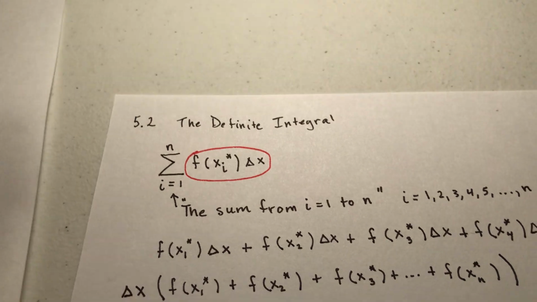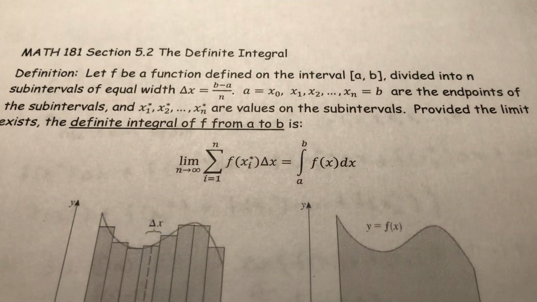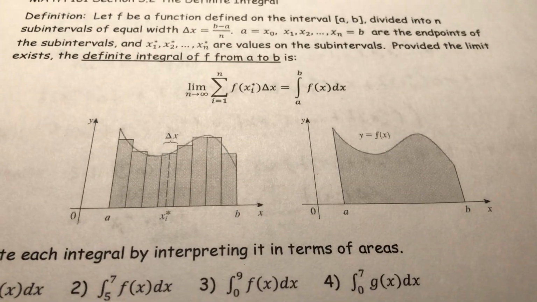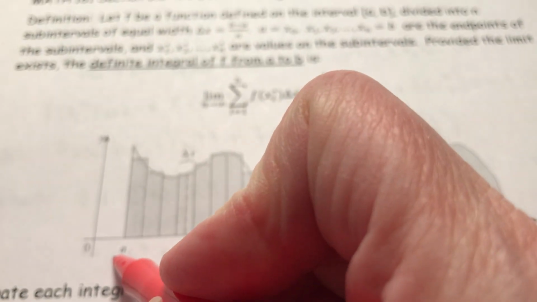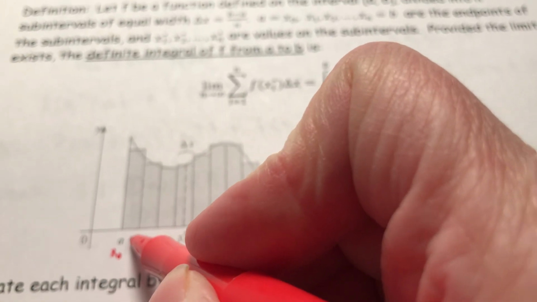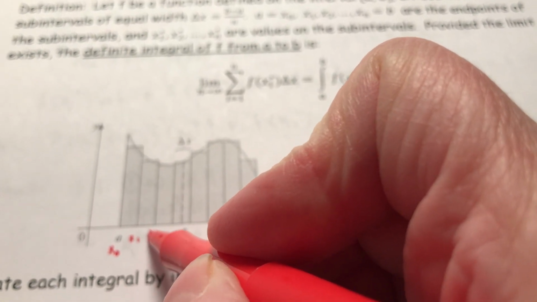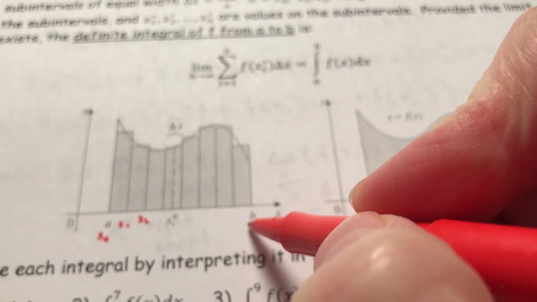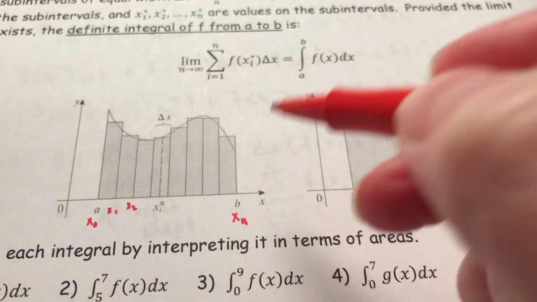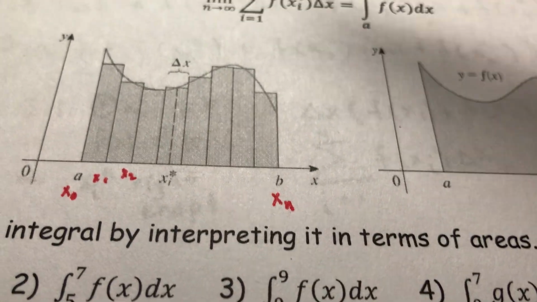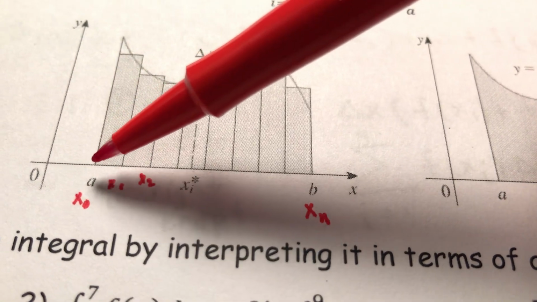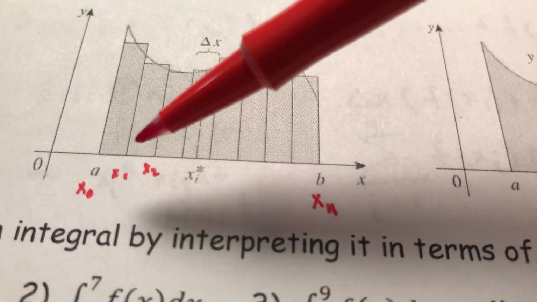Now, if I look at the picture here, what we're talking about is adding up these rectangles. So your a, they're saying that this is your x sub 0, and this is x sub 1, and that's x sub 2, all the way to b is x sub n, because you've got n rectangles there, and each rectangle has a subinterval, like the first one is x sub 0, x sub 1, then x sub 1 to x sub 2.